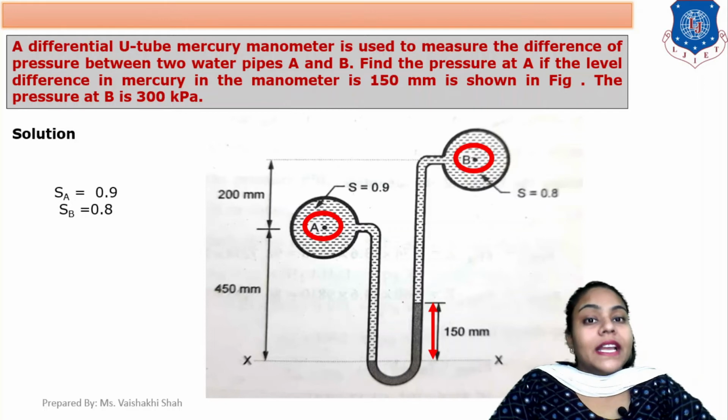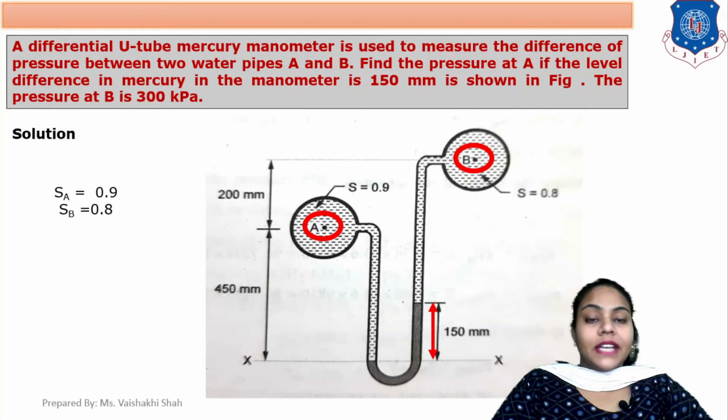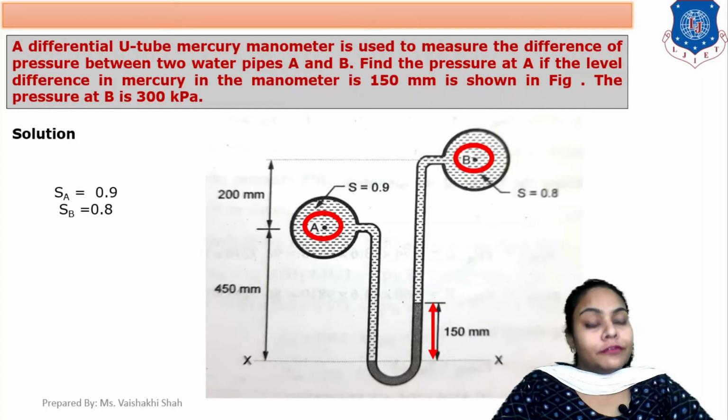So the fluid in pipe A has density 900 kg per meter cube, and the density of fluid in pipe B is 800 kg per meter cube.